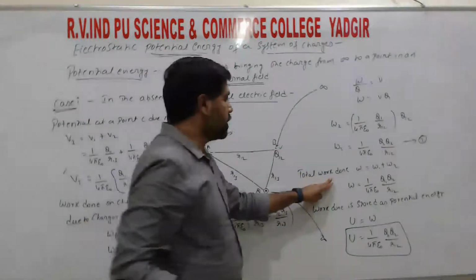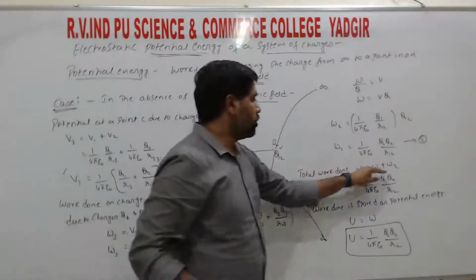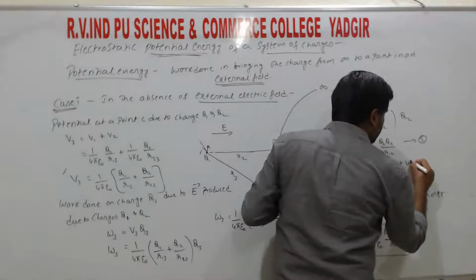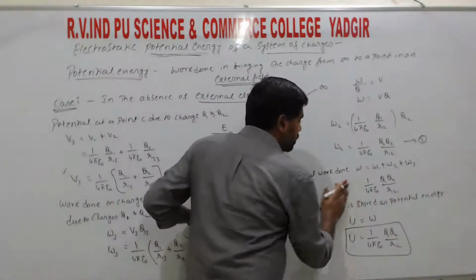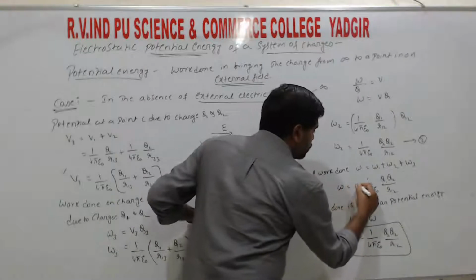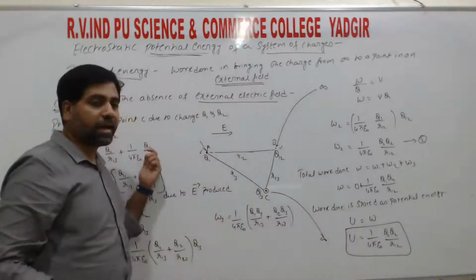Again, the total work done due to the system of three charges is W1 plus W2 plus W3, right? So here W1 is 0, as we discussed earlier.